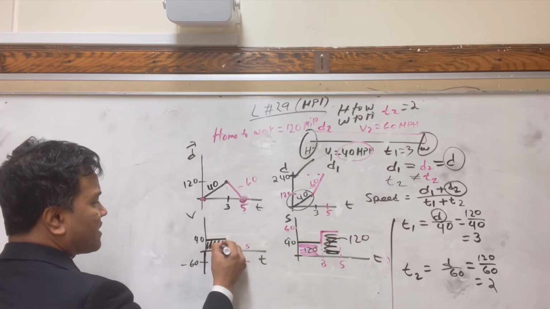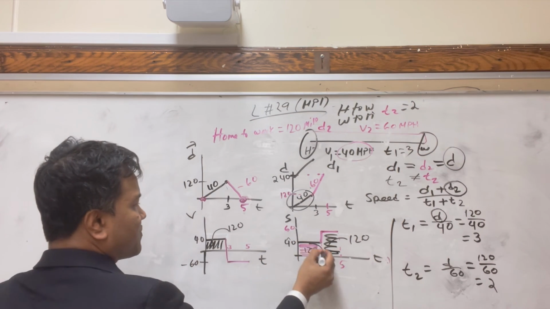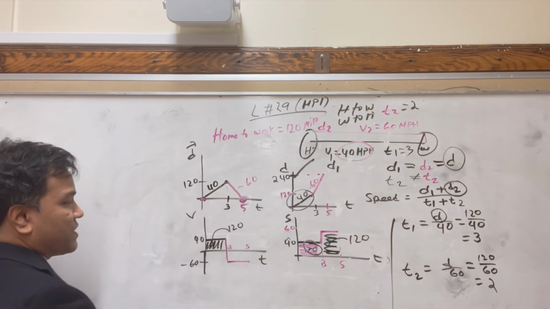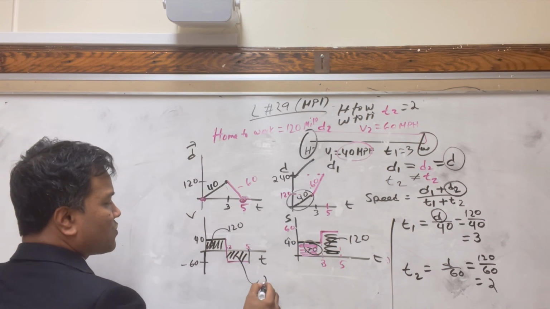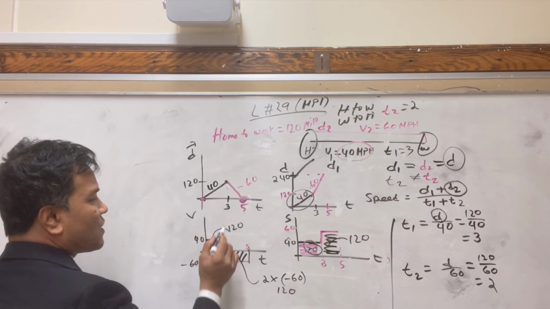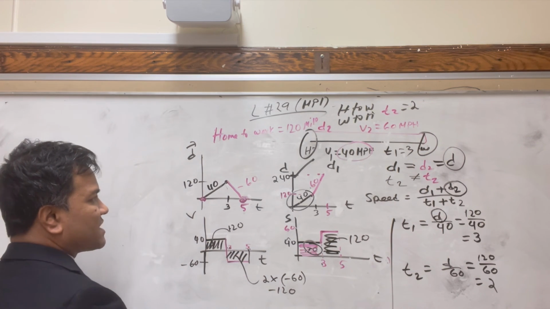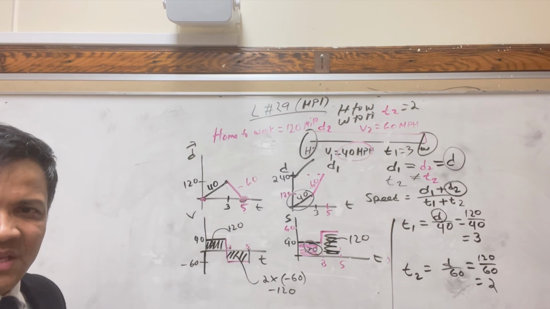The area under the curve is 40 times 3, 120. Then for 5 minus 3, which is 2, times negative 60, you get negative 120. Positive 120 and negative 120 gives you 0, and that's exactly what we knew all along.